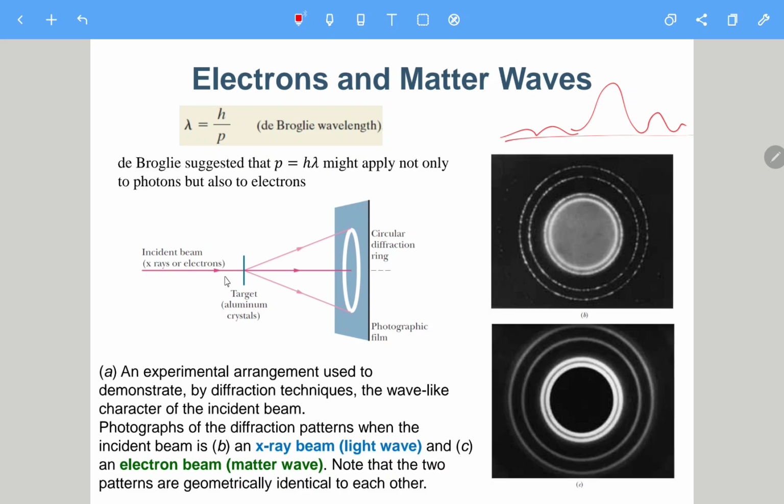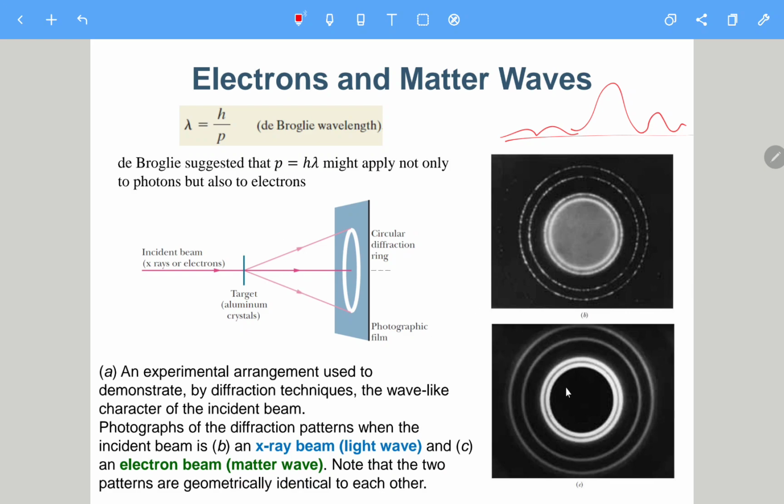find the electron also has the same phenomenon. So this is figure B, for the X-ray beam, the light wave. We have the pattern like this. And C is the electron beam, the matter wave.